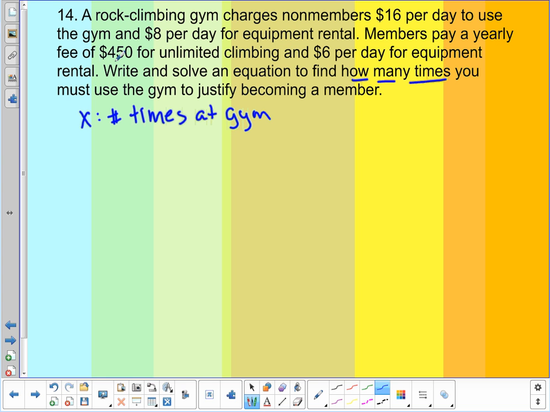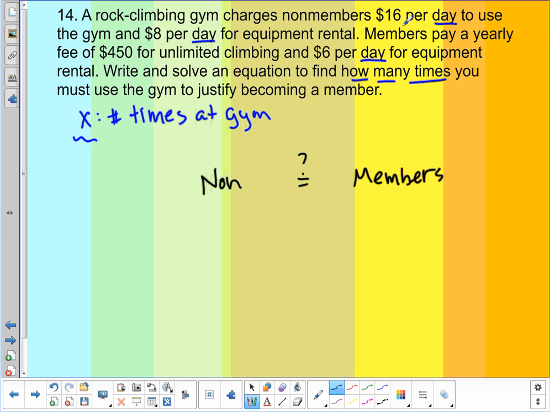Members pay a $450 fee plus $6 per day. So all these per days are our x variable. So I have two things going on here. I have something for the non-members and I have something for the members. And I want to know when are those two things going to be equal.